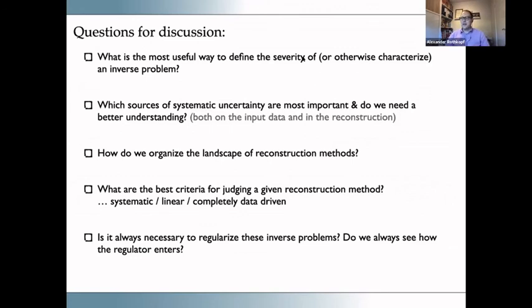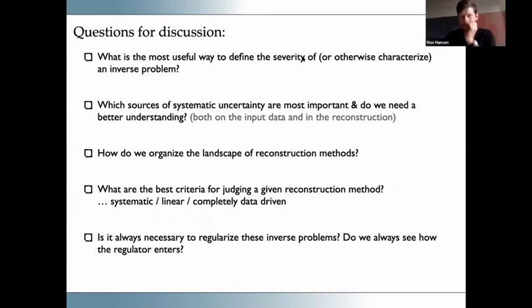And a topic that repeatedly came up was the smallness of the eigenvalues, because that somehow indicates the amplification of noise-related issues in the reconstruction. So if we could somehow state the severity in the sense of largest eigenvalue versus smallest eigenvalue, that at least seems to be a criterion that would apply to many of the problems we have seen so far.